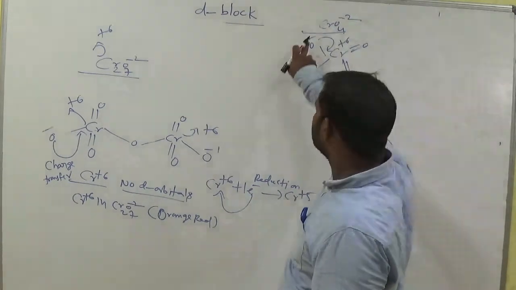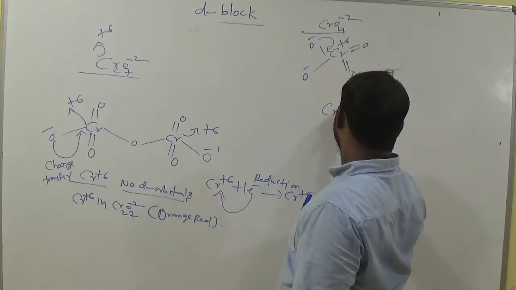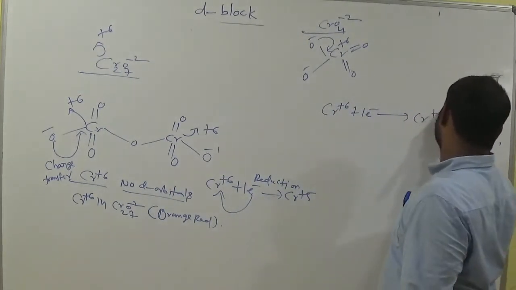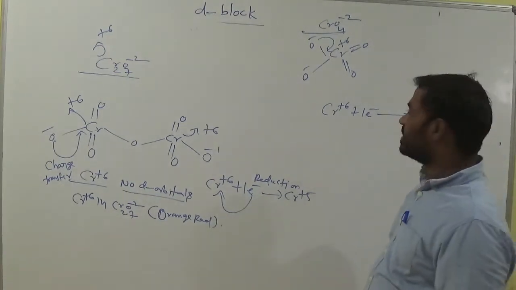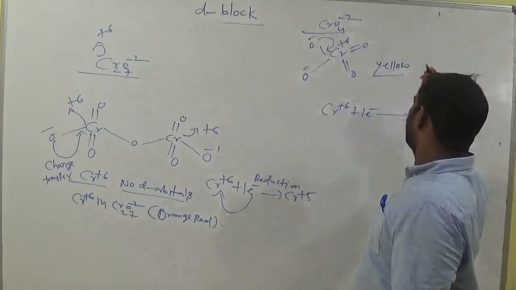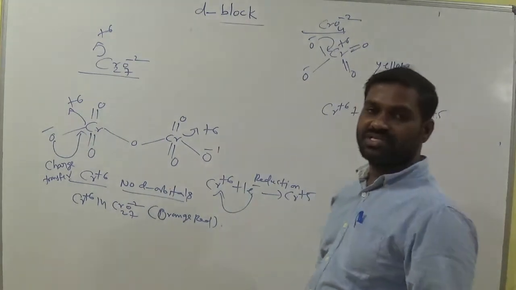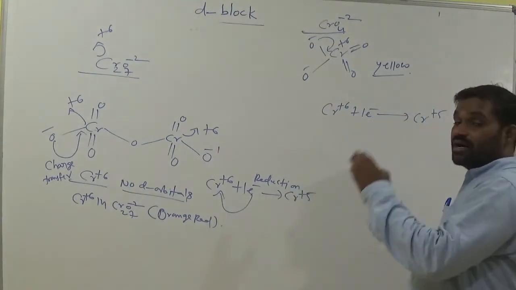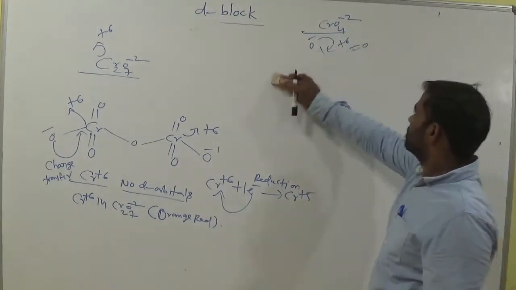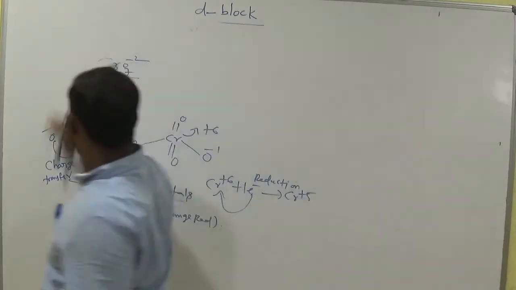So these electrons move towards chromium. This chromium plus 6 gains 1 electron from oxygen. It becomes Cr plus 5. Which color does it give here? It is yellow in color. Due to charge transfer, those ions in those compounds show colors. Keep that in mind. Very, very important for JEE.